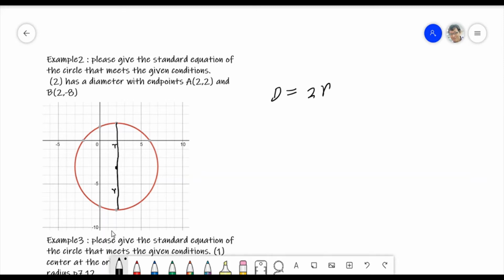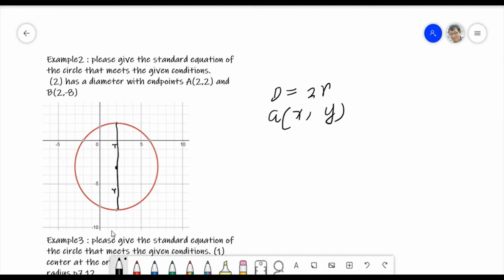So what we need to do first is find the center point coordinates, right? So let's write what is the center, x and y. How do we find that? We think about these two points, A and B. For example, if this is A and this is B, then in the middle of A and B is the center, right?